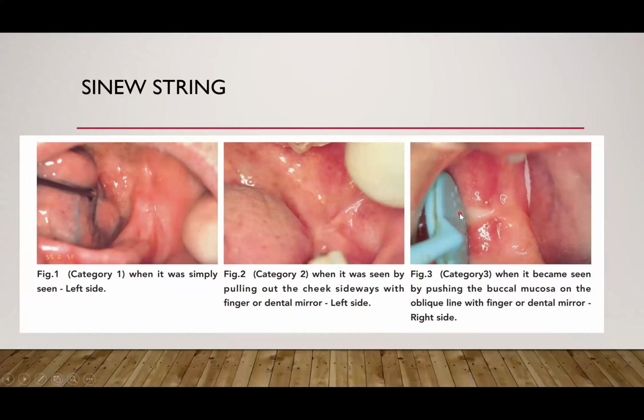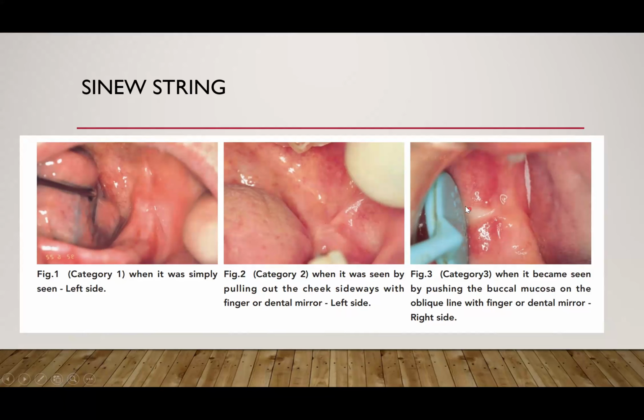When we look without any pressure, with the help of a finger or mirror, it is not evident. But once we ask the patient to open the mouth wide and pull the buccal mucosa in that region outward, there will be an elevation of a small string. So you can see this region.